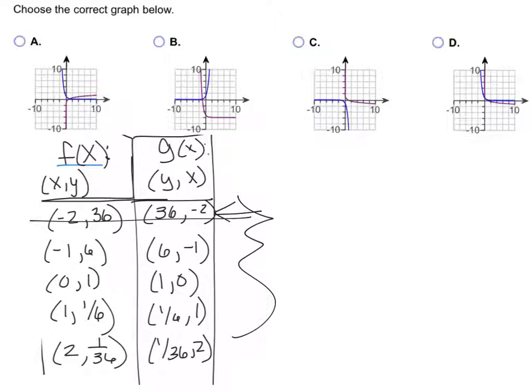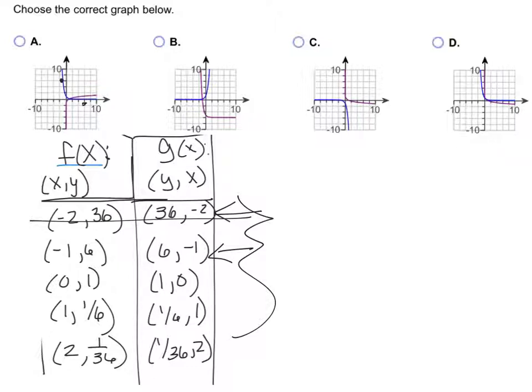So I'm just going to not look at those. Now we'll look at the -1, 6. And this graph counts by 2, so -1, 6 is about right here. So graph A has that. Now if I look at the inverse of that, 6, -1, that would be around here.